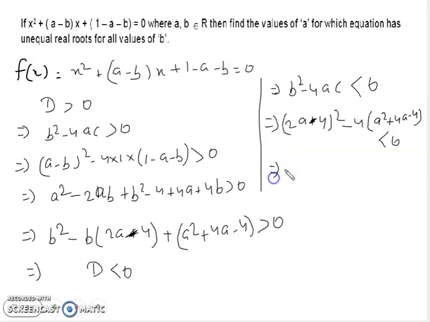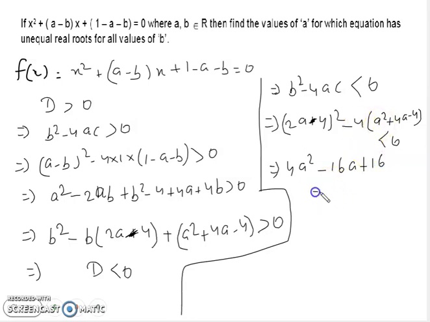After opening the bracket, (2a minus 4) whole square equals 4a square minus 16a plus 16.